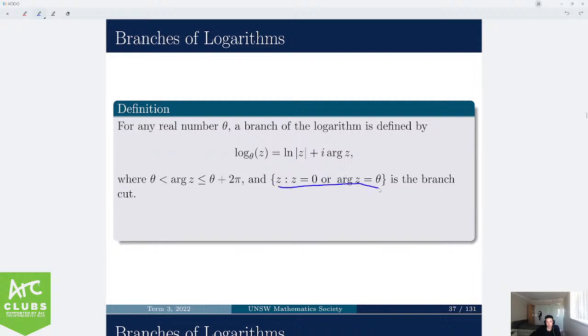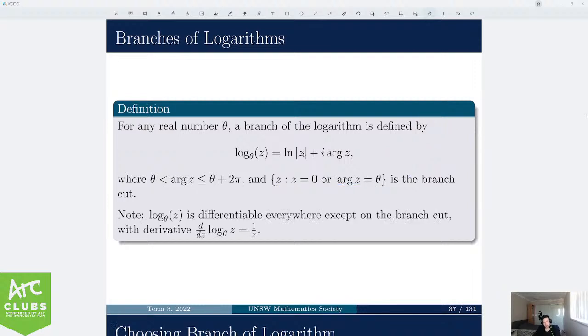And the point z equals 0 or arg z equals theta, that's going to be the branch cut. So no matter what branch you take for the log, there's always going to be a branch cut, the set of points where this is not differentiable. And the log of z is again differentiable everywhere except on the branch cut. And if you take the derivative, you just get 1 on z. And that again carries over from our real derivatives.